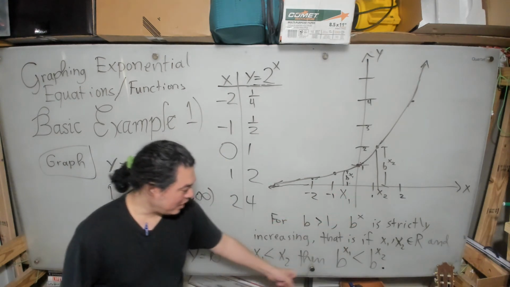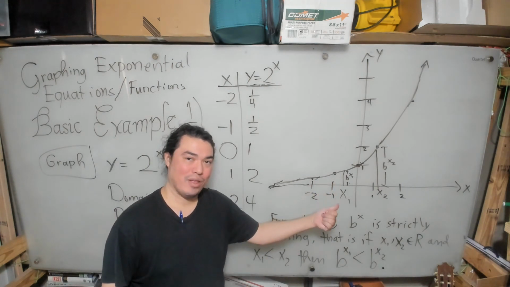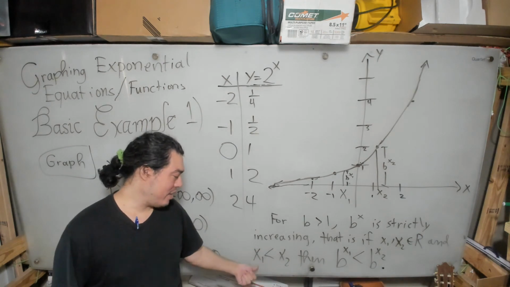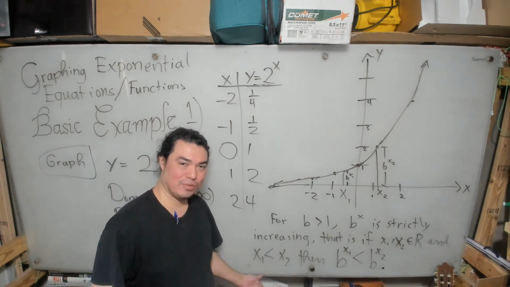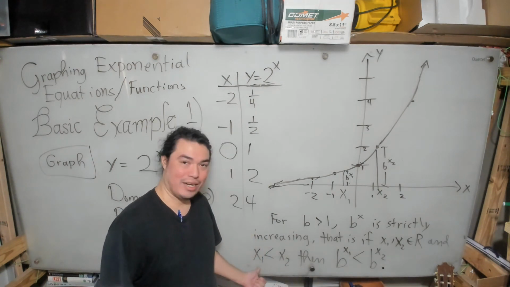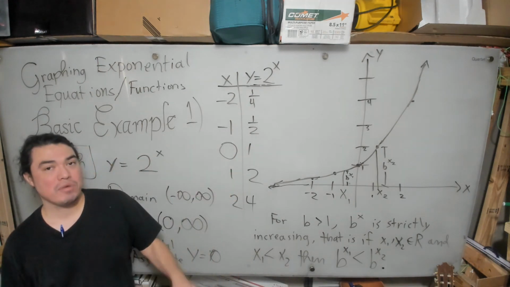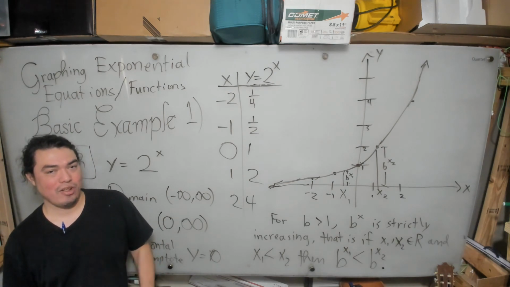Then this statement as written would still hold, but x1 less than x2 would be read informally as x1 to the right of x2. But we're not in that alternate scenario.